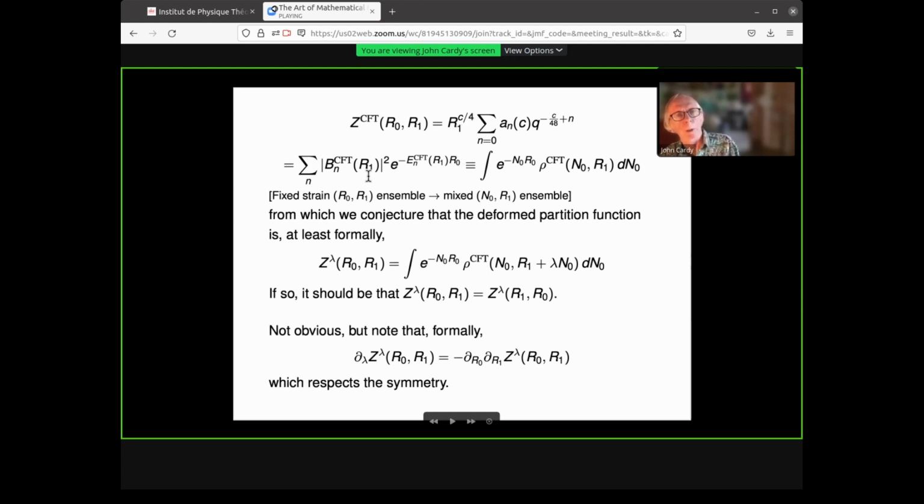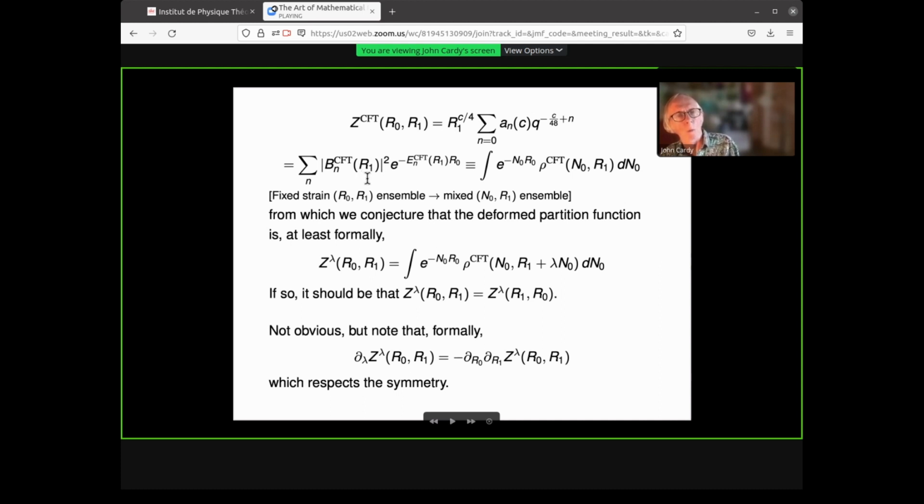So this spectral decomposition we could write as an integral over some kind of modified density of states rho, which includes the matrix elements here.